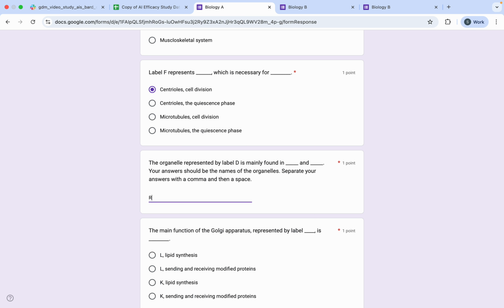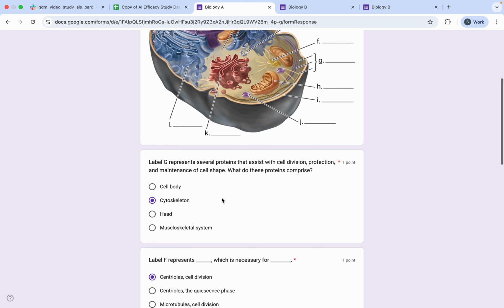So I think it is rough endoplasmic reticulum, and cytosol. Okay, it is only as D.